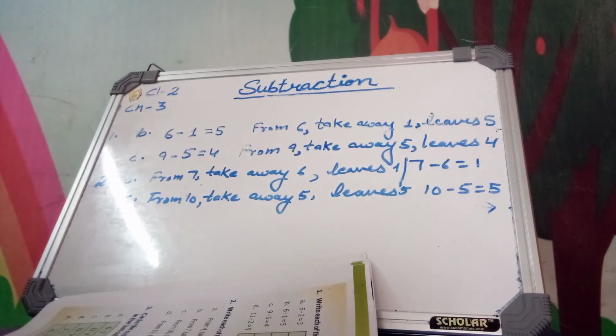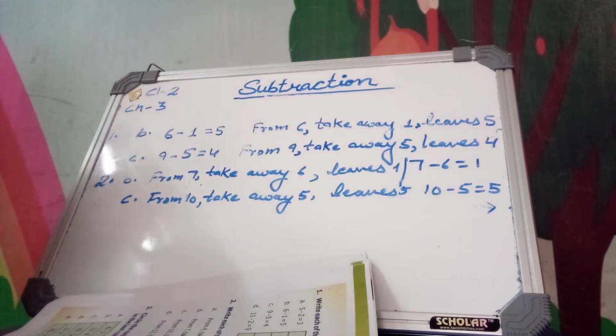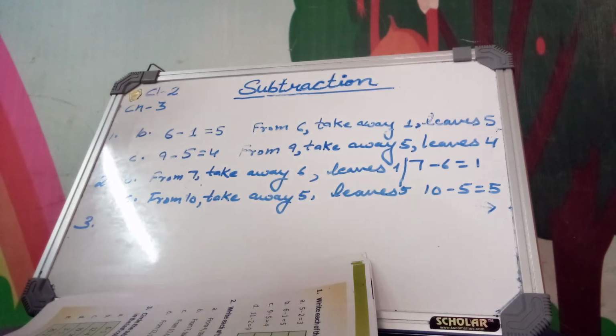D, question number D, do yourself. Now see here, 3. Circle the subtraction that gives the correct number written in the last column.